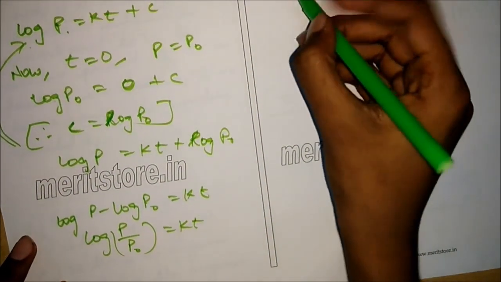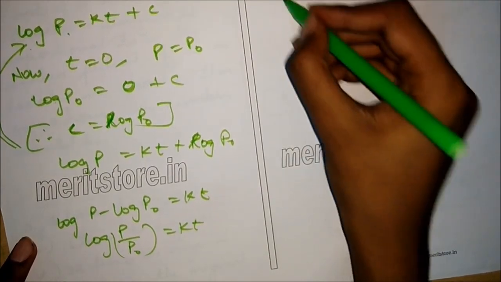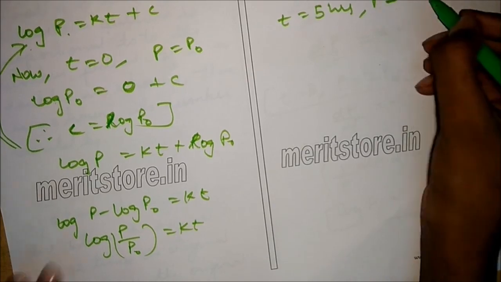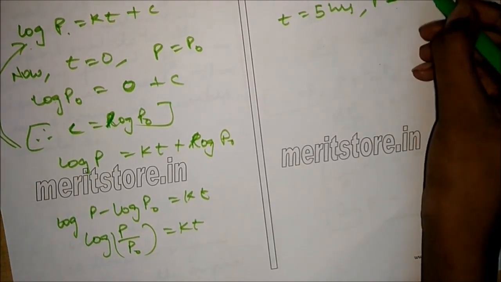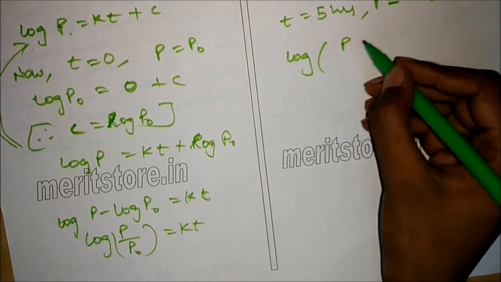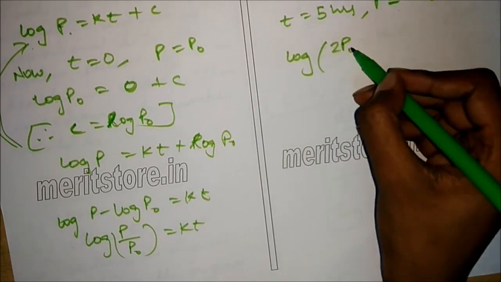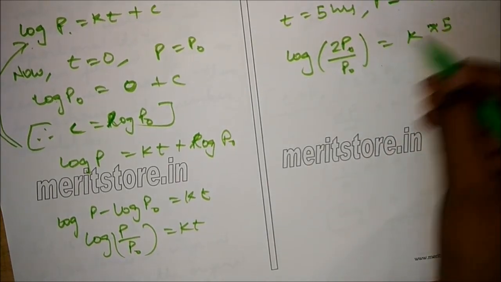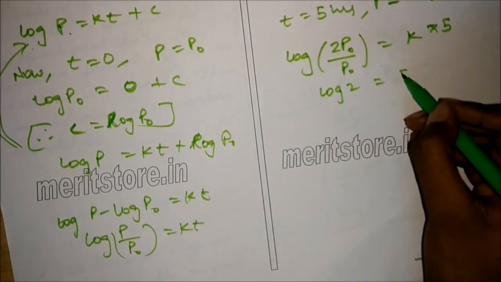So now another condition given is when t equals 5 hours, the population will double the initial, that is P will be equal to 2 times the original population. So log of 2P0 divided by P0 will be equal to k into 5. So log of 2 will be equal to 5k.